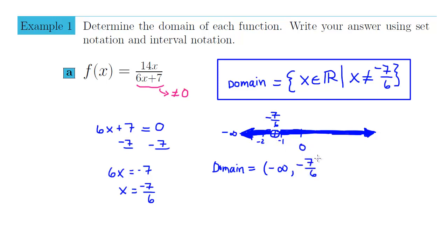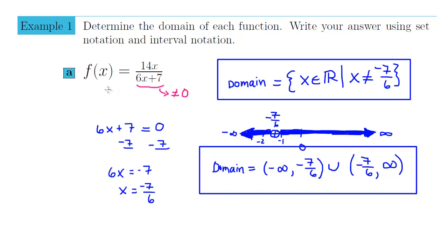And this is open, so we use the open bracket to designate the end behavior at negative 7/6. This interval combines with the interval that's on the other side of negative 7/6, which is written as the open interval negative 7/6 all the way to positive infinity. This would be our interval notation for the domain of this rational function.